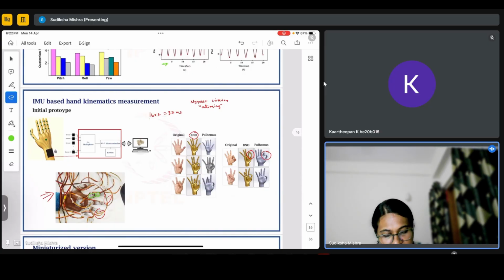There were 16 such chips, and each of the chips takes 2 milliseconds to compute the coordinates. So it will take approximately 32 milliseconds to get the results to the system.